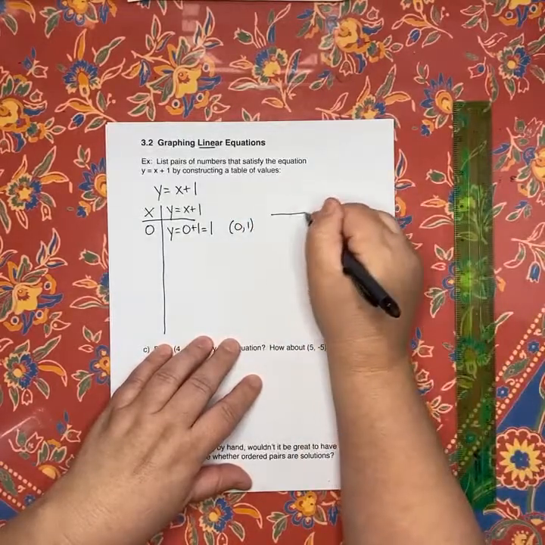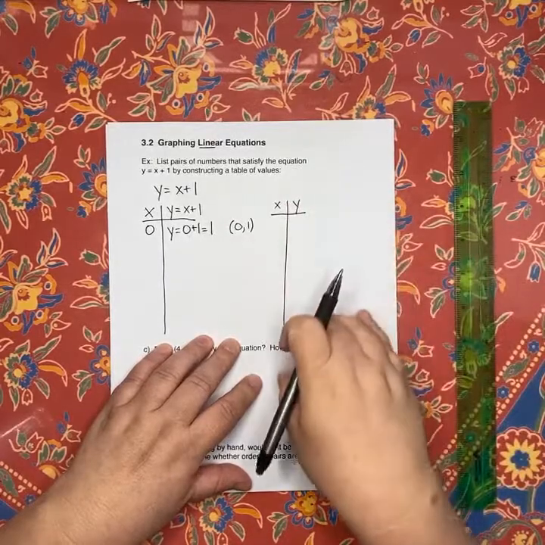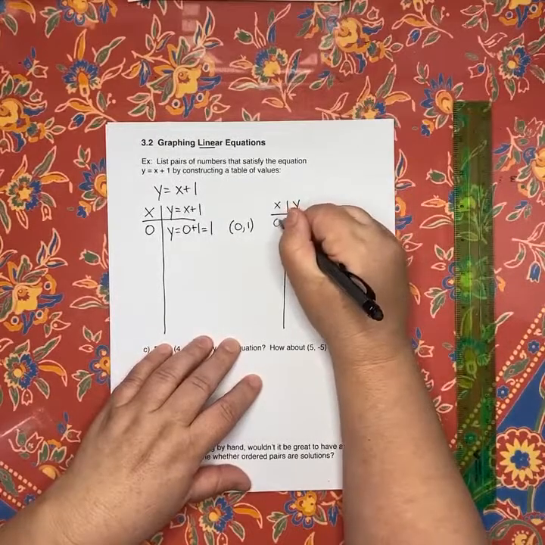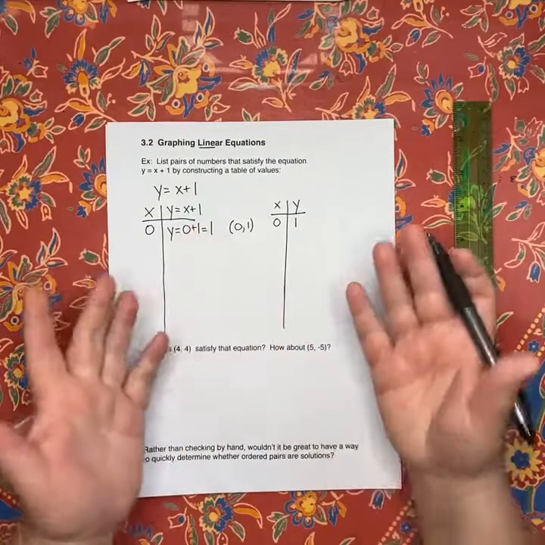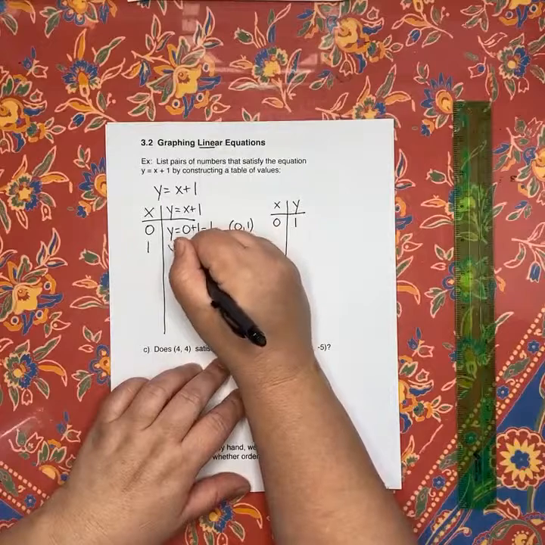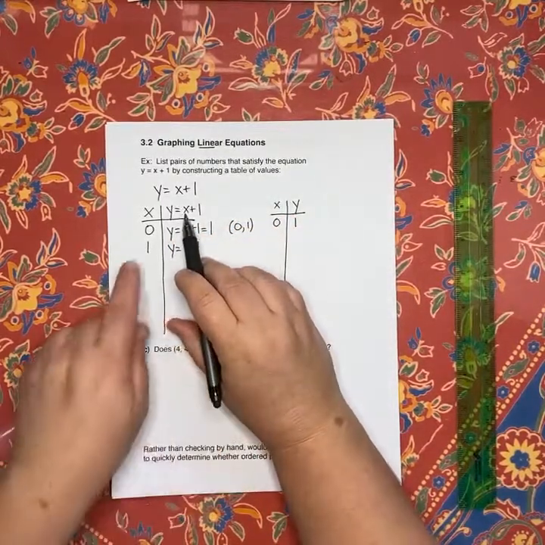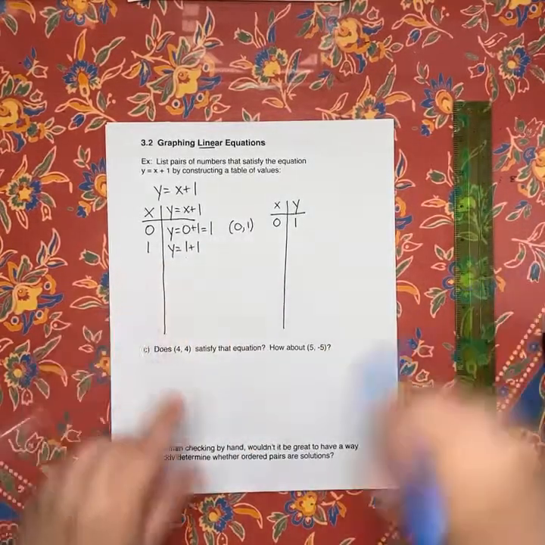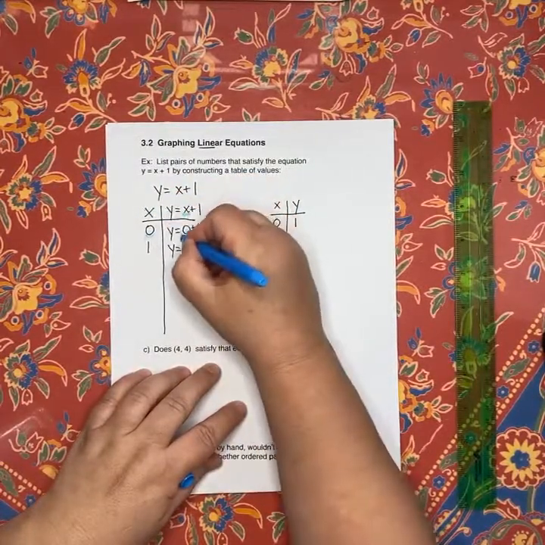Now, I will point out there is another way to do a table of values. It's a lot more streamlined, but you don't show your work, so you're going to have to do your work in your head or somewhere else. If x is 0, y is 1. So you just list the numbers, or you could list all the work. It's up to you, your choice. Okay, I'll try x equals 1. So y equals 1 plus 1, right? Because every time I have an x value, I plug it in there for x. Whatever the number is goes there.